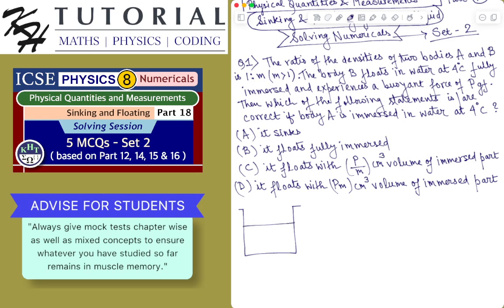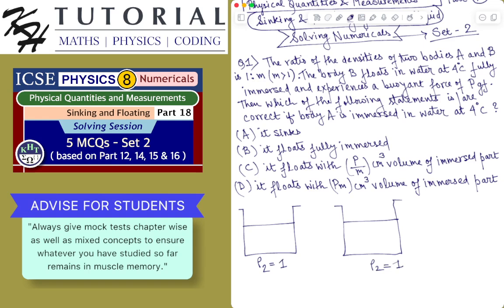So let's say this is body A. Body B is floating in water at 4 degrees centigrade. So in both the cases, rho 2, that is the density of the liquid, is equal to 1, that is 1 gram per centimeter cube. So rho 2 is 1.